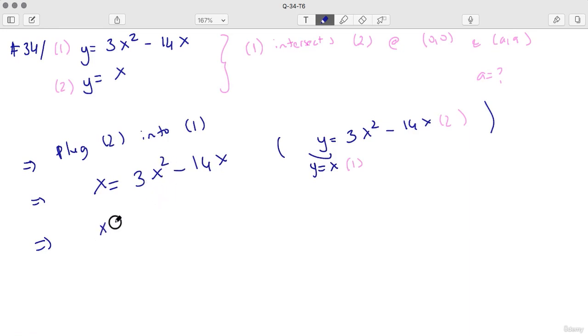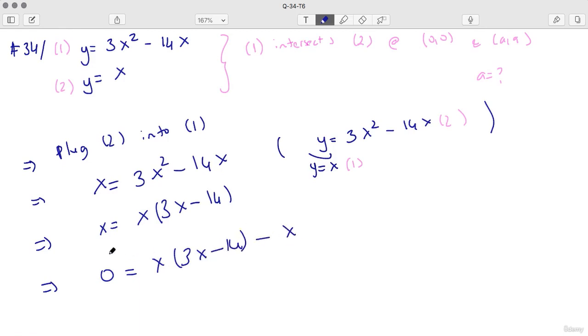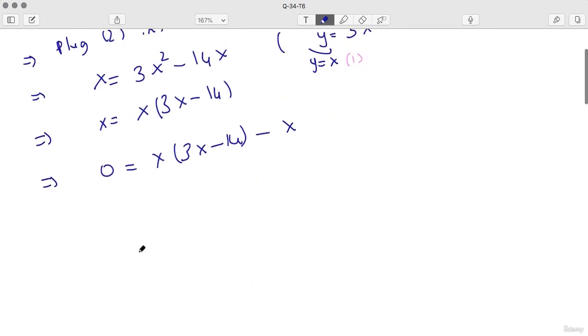On the right side I'm going to take out an x, so that means x times 3x minus 14 in parentheses. Now I'm going to subtract x from both sides, so we get 0 equals x times 3x minus 14 minus x. Taking out x in parentheses, I have x times 3x minus 14 minus 1.